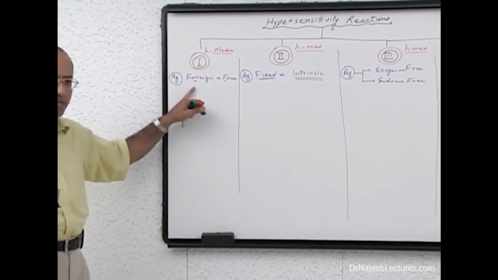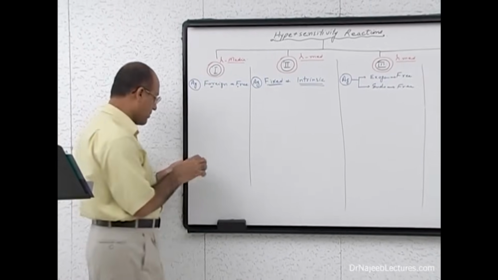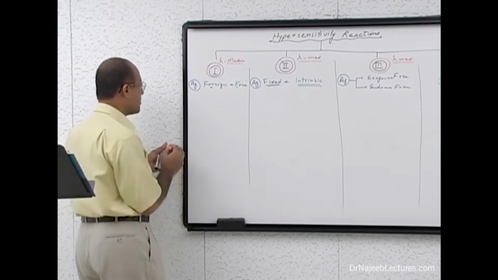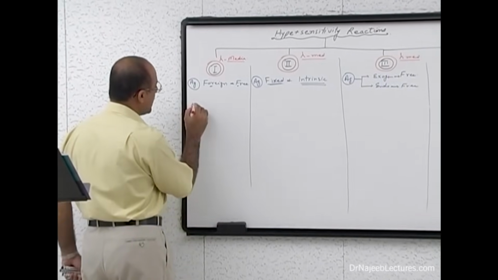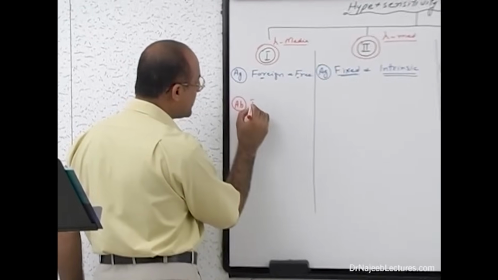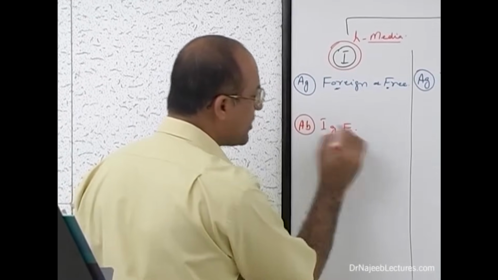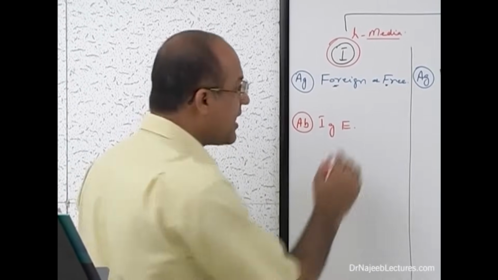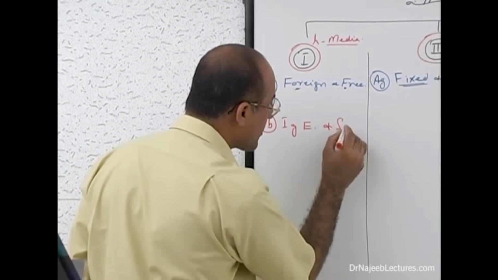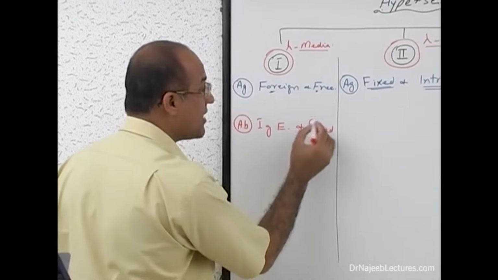Here antigens are free. Now we come to the antibody involved. What is that? Here antibody is always IgE, and mainly fixed.